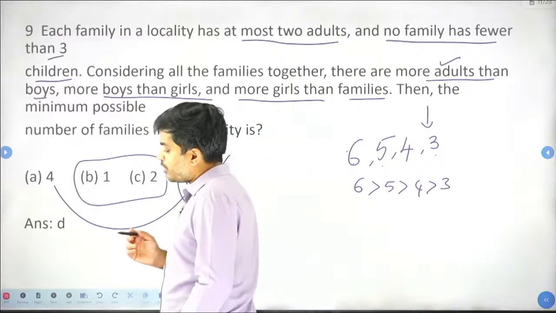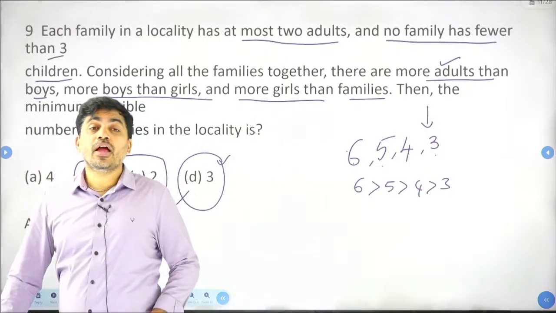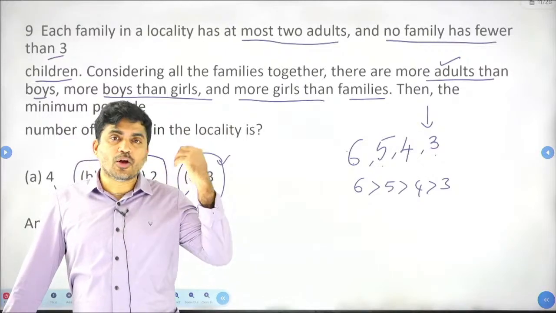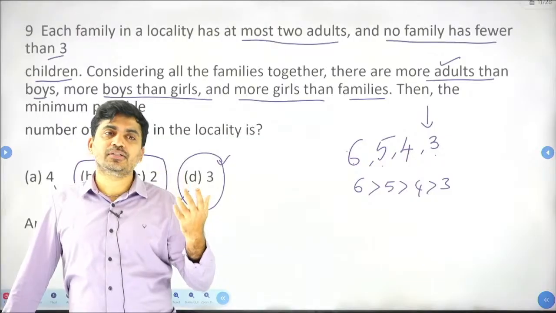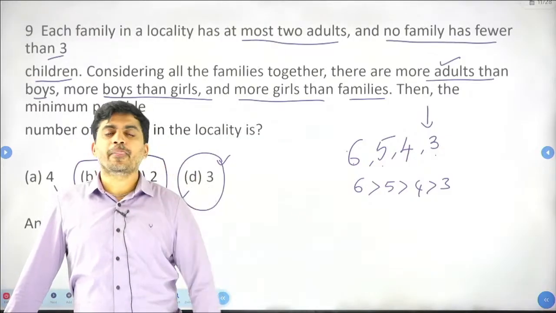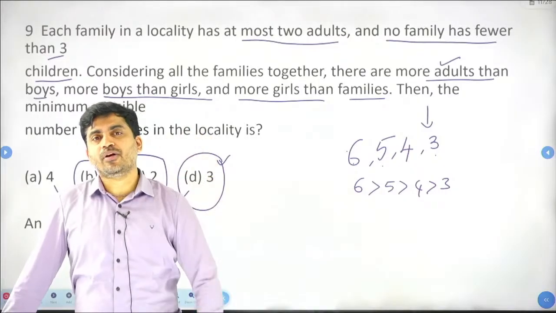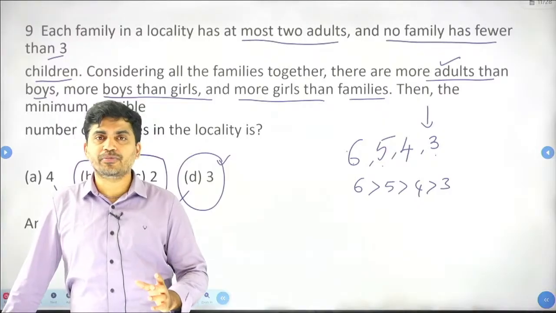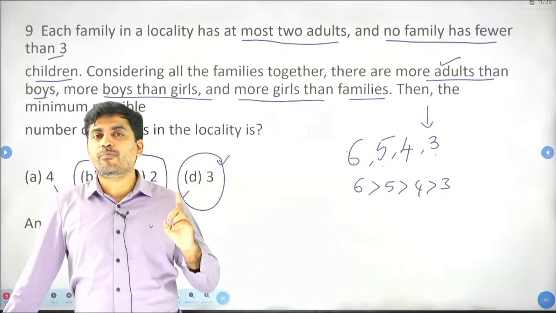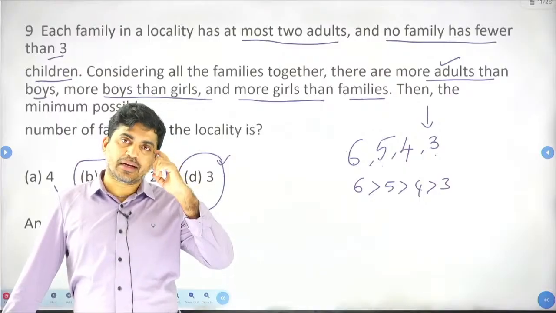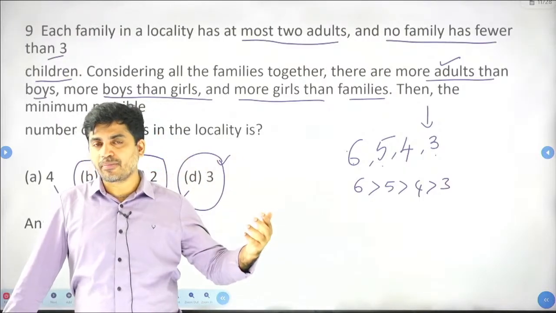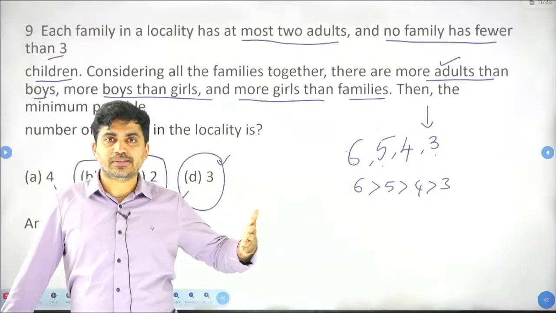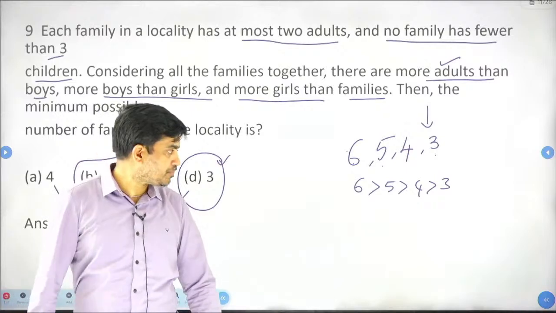By reading the question, we thought it will be a complicated equation, how to solve this. But when you take the options, that logic is decoded, right. This way, thought process is important. Seriously, thought process is important. Just take the options, but you have to keep all the conditions in your mind, like number of girls are more than number of families, boys are more than girls, then adults are more than boys. Okay, perfect.